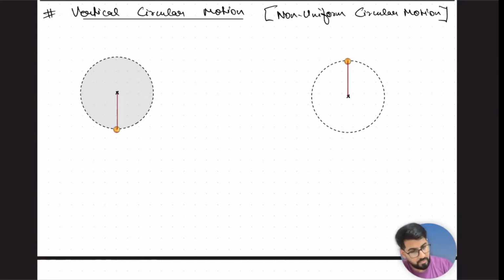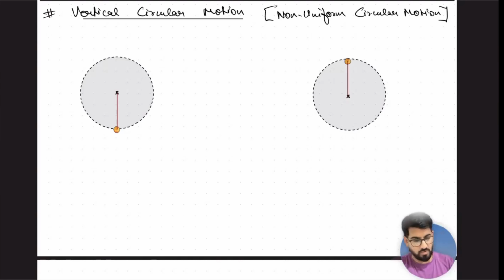Can you draw the free body diagram of these two positions? The top and the bottommost, that's it. A ball of mass m is attached to a string and moving in a vertical circular motion at the bottommost point and at the topmost point.